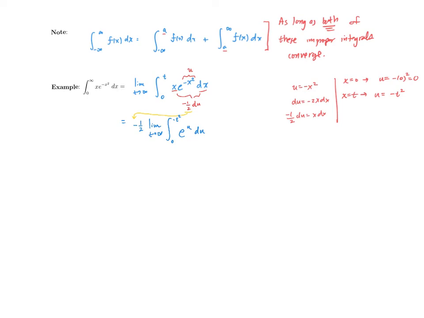And now we just proceed on. To evaluate this definite integral, we find an antiderivative, e to the u, and we evaluate accordingly. We replace each u with a minus t squared, minus, replace u with a 0.